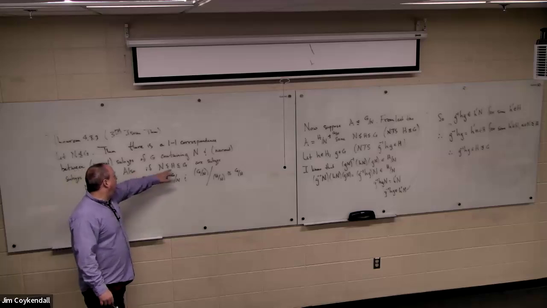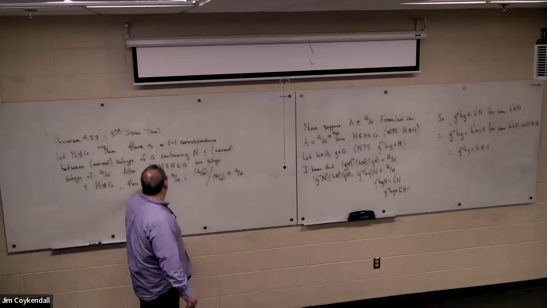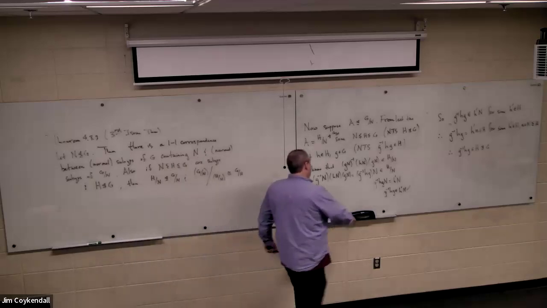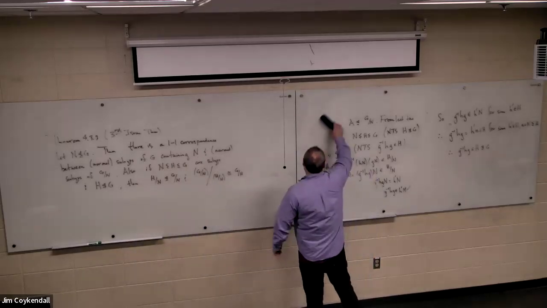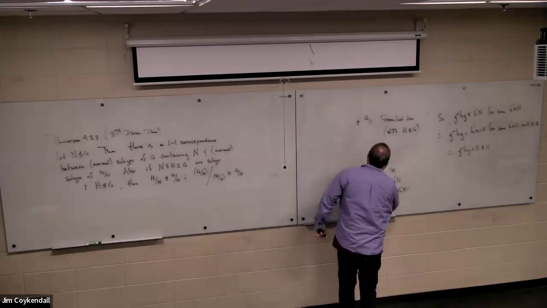If H is an intermediate normal subgroup, then, okay, we've already proven this. First part anyway.